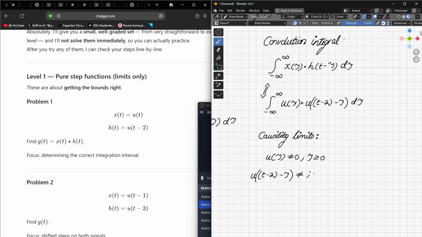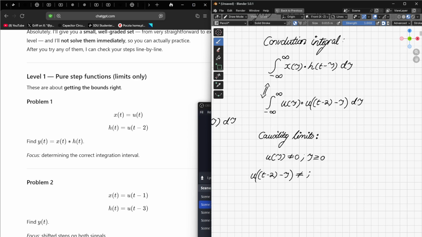when, let me think. I guess like t minus 2. Usually it would be when tau is lesser than or equal to t. But now it's t minus 2.